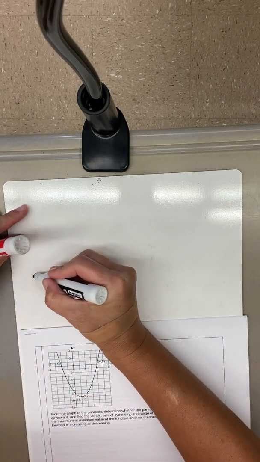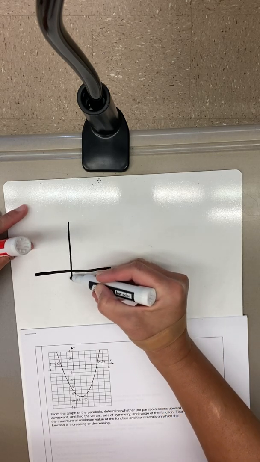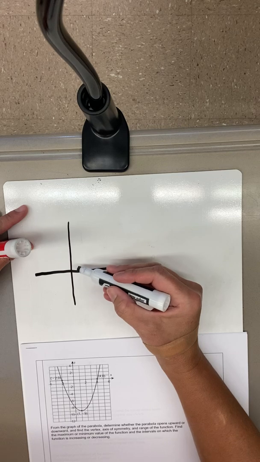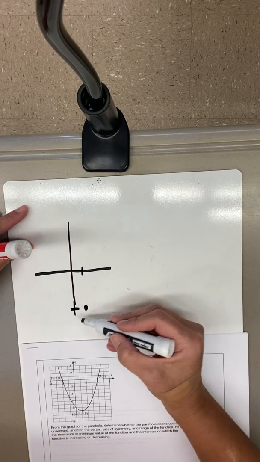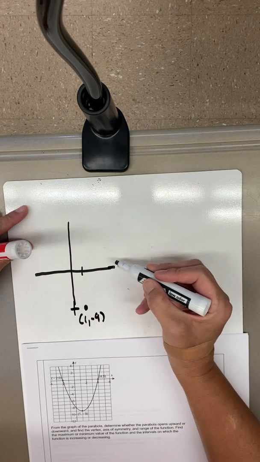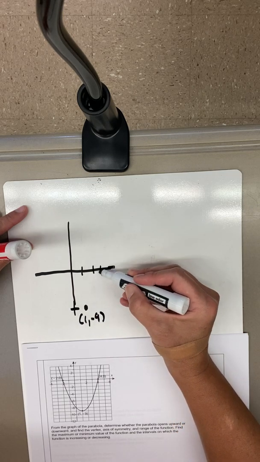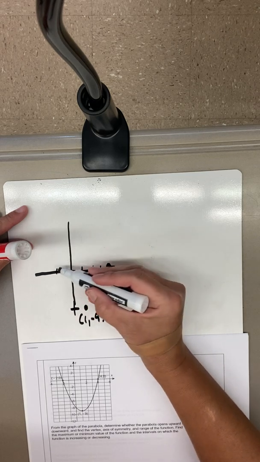So just to make this bigger, I'm going to recreate this graph real quick. I'm sure mine will be much better than theirs. That's called sarcasm. All right, so I'm going to go over here to 1, -9. That's the vertex. And it's showing you a couple of x-intercepts here, 2, 3, 4, and 1, 2.